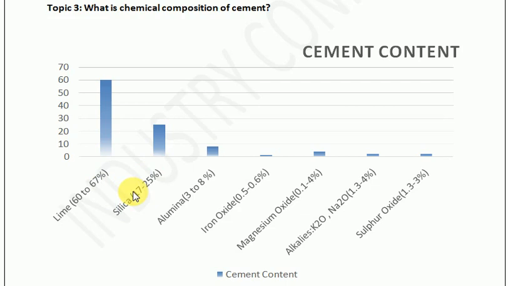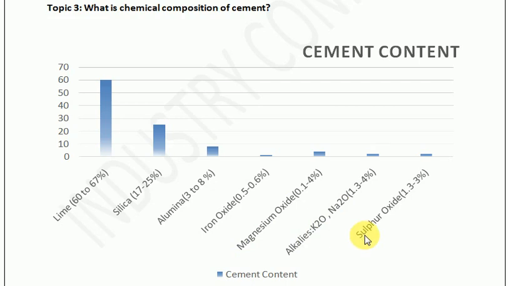Apart from that, there are a few other things in very small composition. Then alumina, from 3 to 8%. Then iron oxide, only 0.5 to 0.6%. Then magnesium oxide, 0.1 to 4%. Then alkalis, that is potassium oxide and sodium oxide, also 1.3 to 4%.